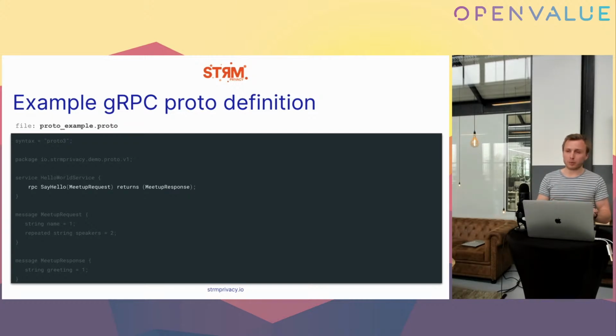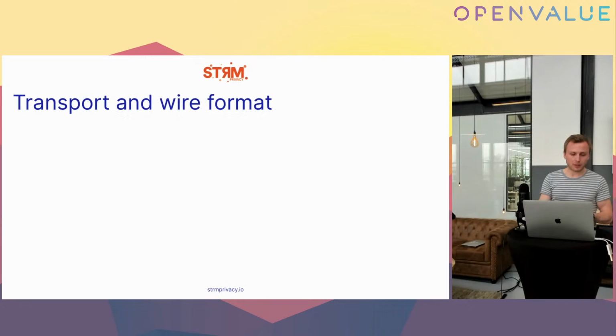It takes a meetup request and returns a meetup response. And as you can see, we define the messages like we did in the original proto file without the gRPC service. They are quite similar. I renamed the meetup message to meetup request here, and we have a meetup response. So it's quite straightforward to read, actually.